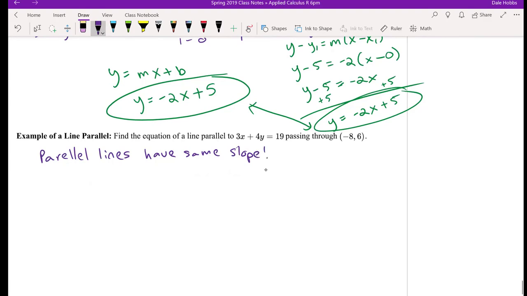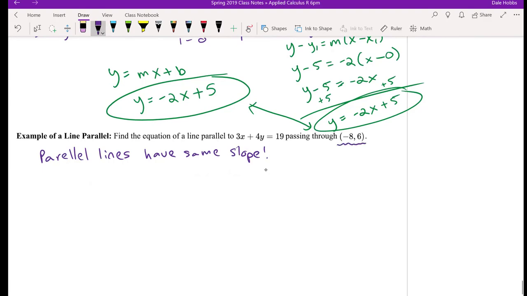Okay. Now, this problem wants you to find the equation of a line that's parallel to that one right there, the 3x plus 4y equals 19. And we want the line itself, when we make it, to pass through negative 8, 6. So we already have a point.